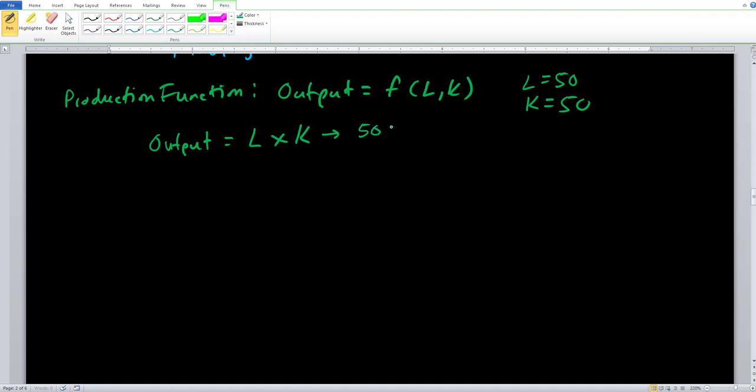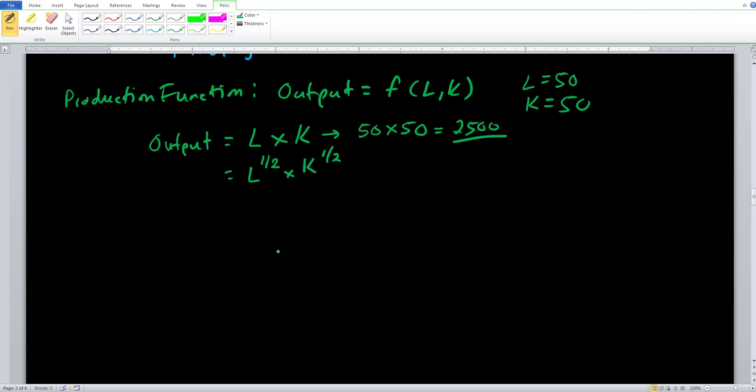So labor is 50, capital is 50. So when we include labor and capital in this particular production function, we get 2,500 units worth of whatever good or service we're taking a look at. It's as simple as that. But we can make these equations a little bit more complex. We can say, hey, what happens if output is equal to labor to the 1/2 times capital to the 1/2?